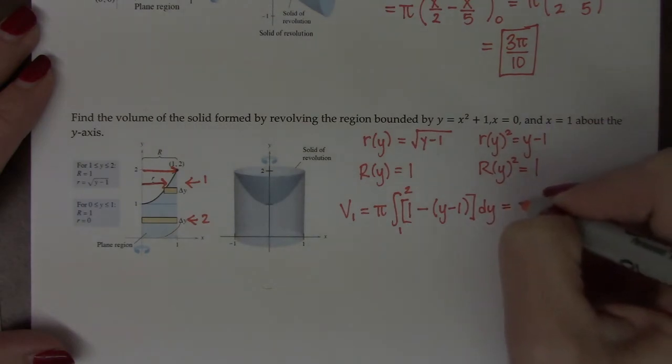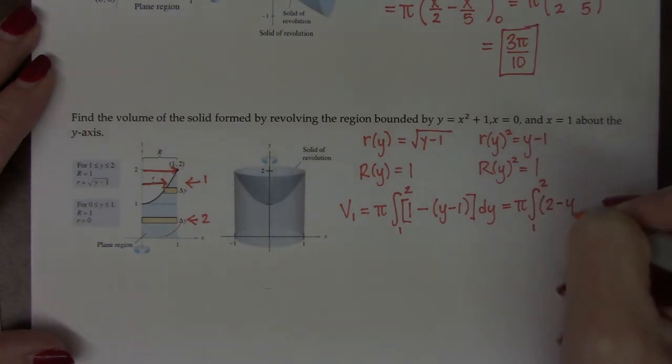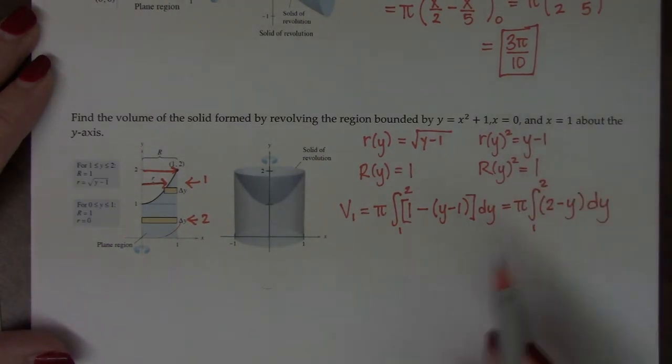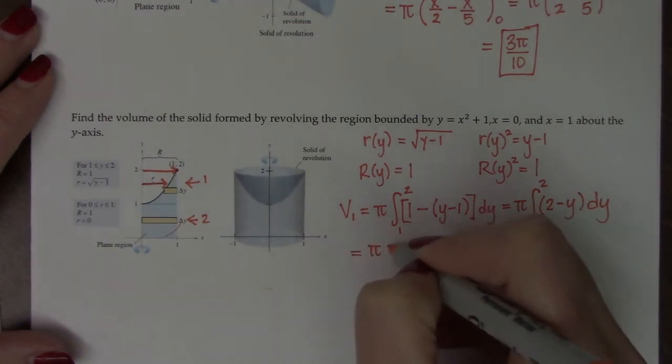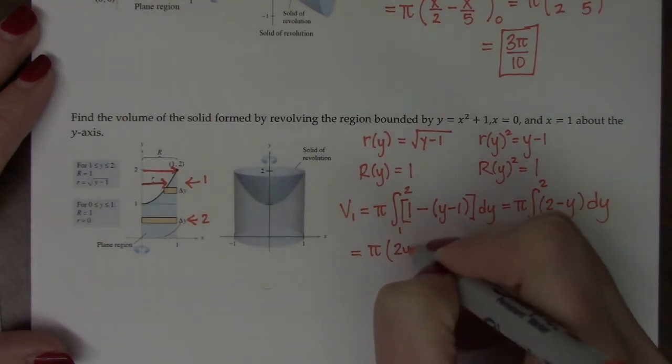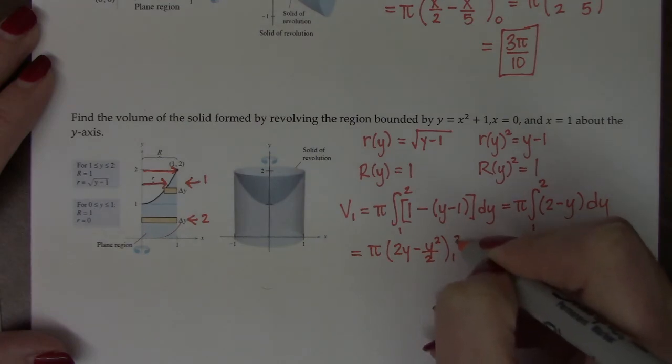So when you distribute the negative 1, what you're going to end up with is the integral from 1 to 2 of 2 minus y dy, because this ends up being 1 minus y plus 1. So when we integrate this, we're going to get 2y minus y squared over 2 from 1 to 2.